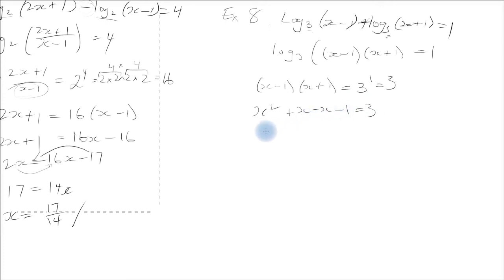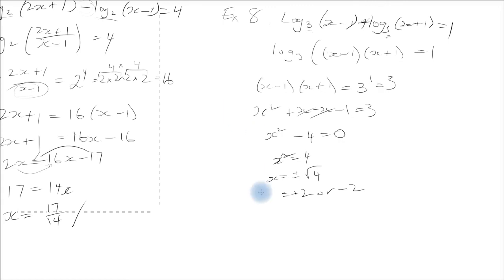Which gives us x squared. These two have cancelled each other out. Minus 4 equals 0. So x squared equals 4. Now that means that x equals plus or minus the square root of 4, which equals plus 2 or minus 2.